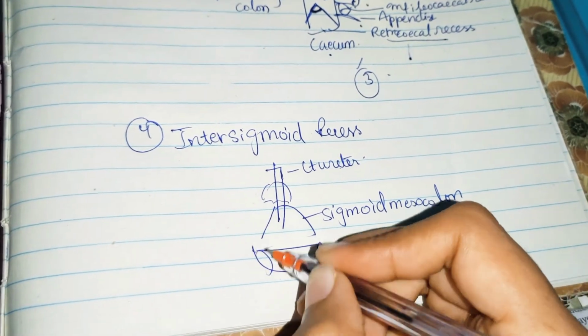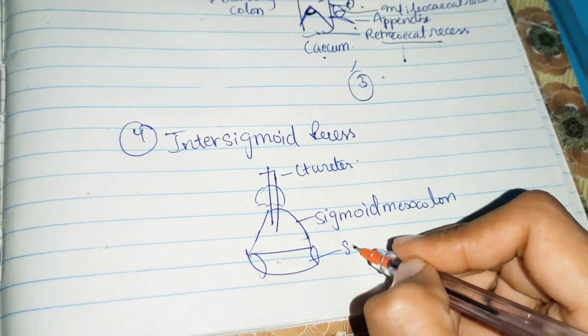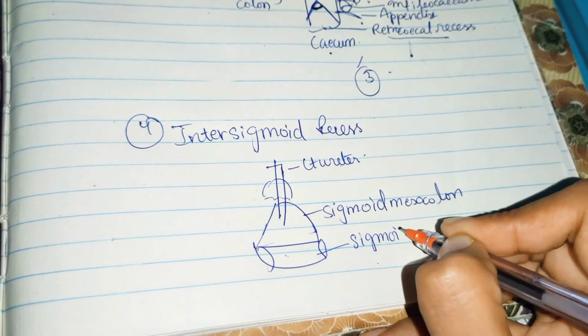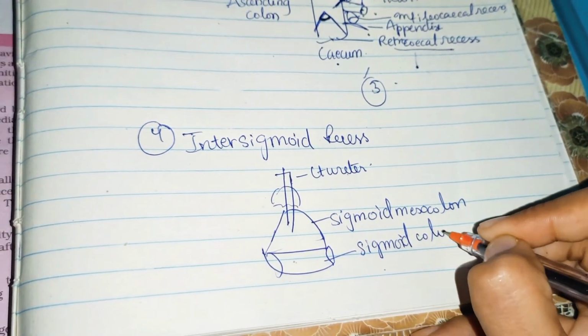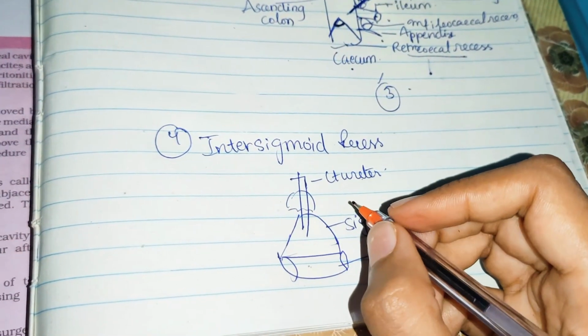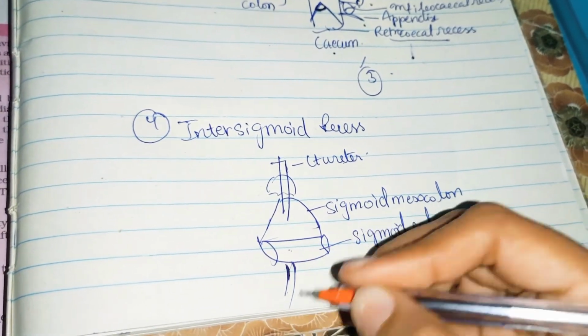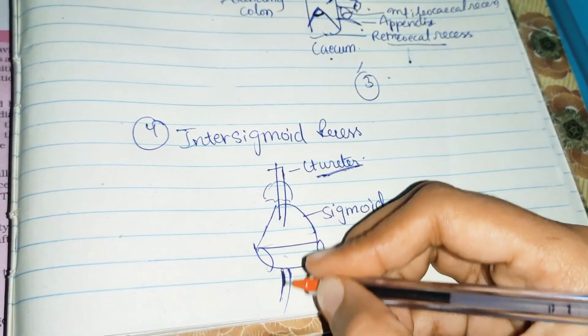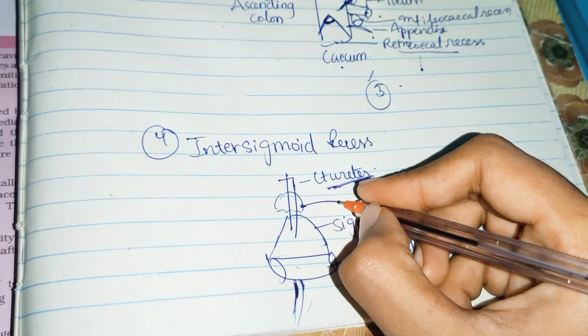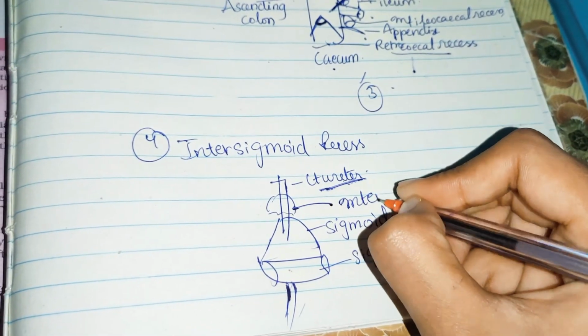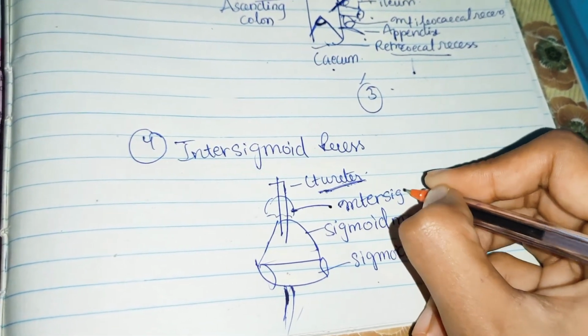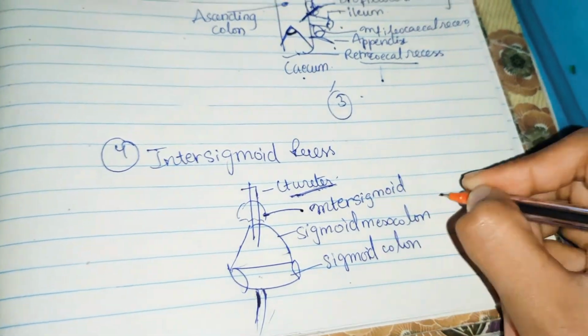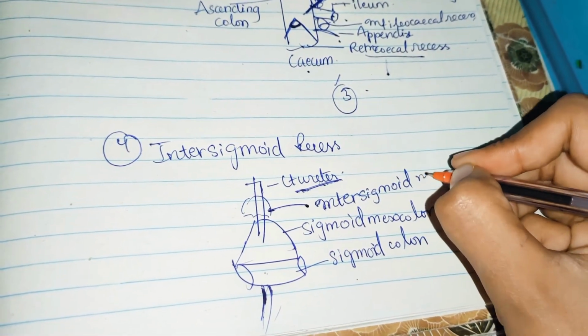This is the sigmoid colon. And this is the continuation of the left ureter here. So here you have your intersigmoid recess. Only one recess here, one pouch, the intersigmoid recess.